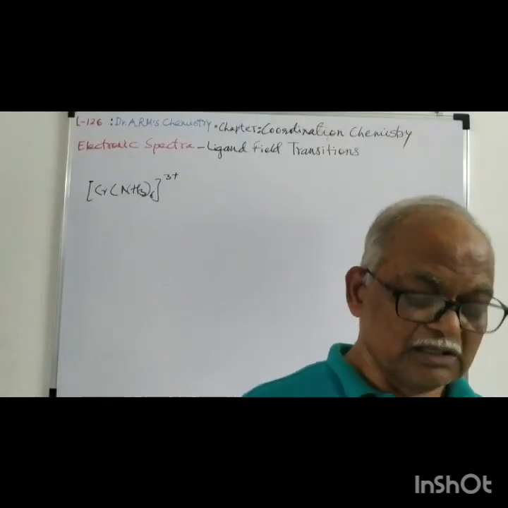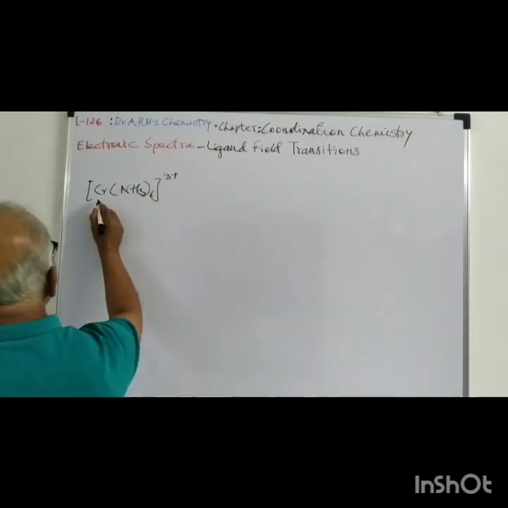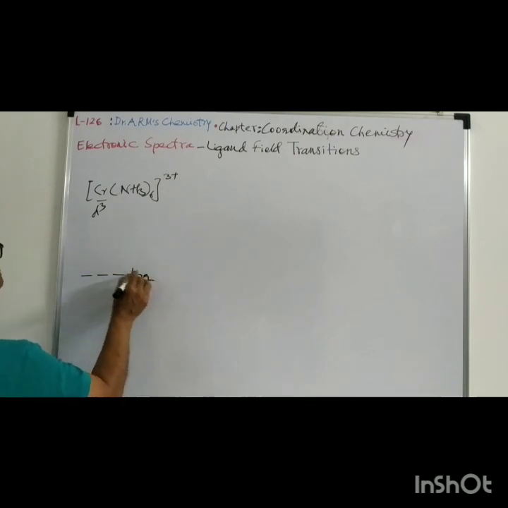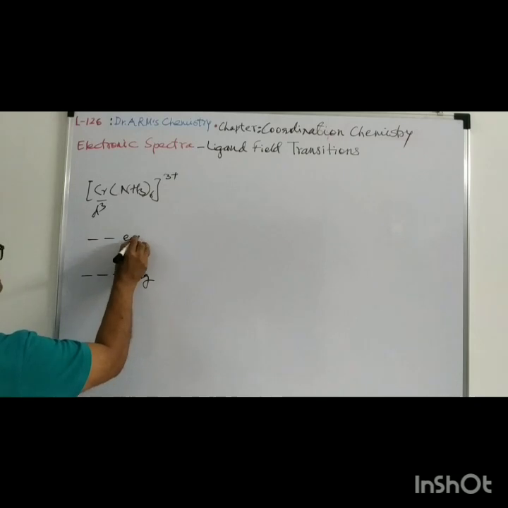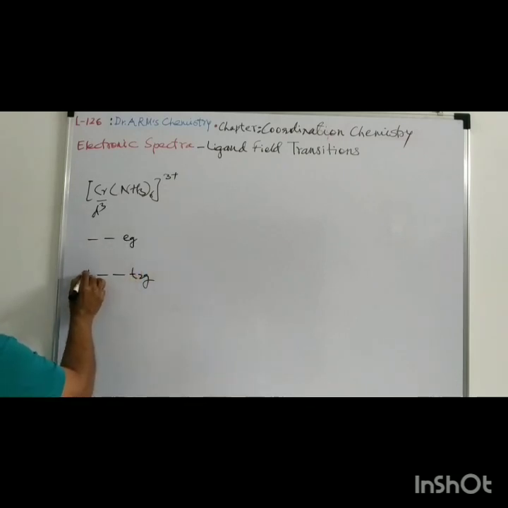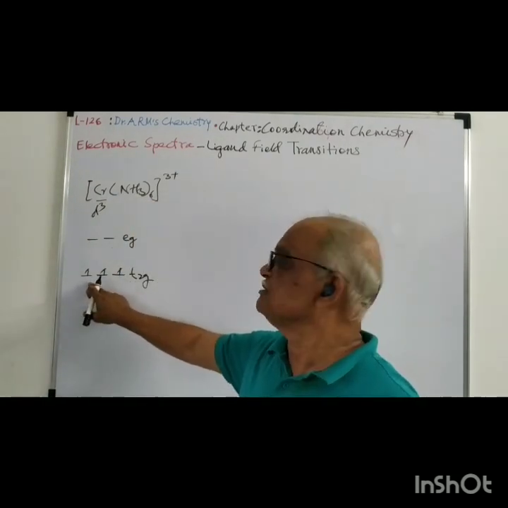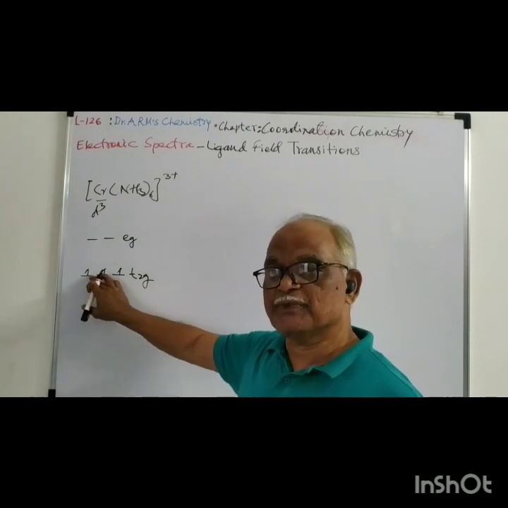Here, the ground state configuration is the d3 configuration of the metal ion, and if we see the distribution of electrons, this is t2g and these are the eg orbitals. There are only 3 electrons present in the t2g orbitals, and each t2g orbital is of the same energy but their orientation is different.